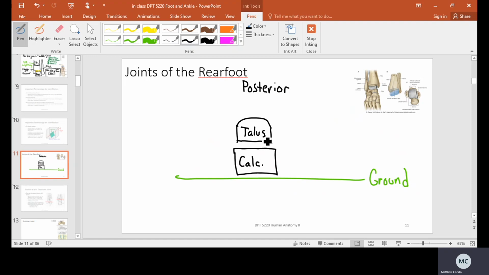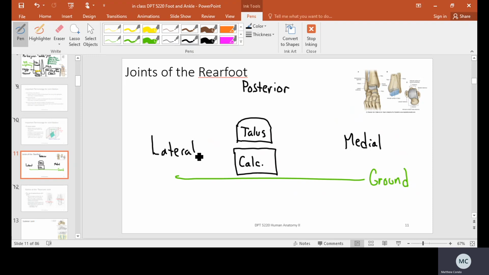So here's the next two concepts I want to cover. Okay, points of reference. This over here is going to be medial. This over here is going to be lateral. So inversion, eversion.